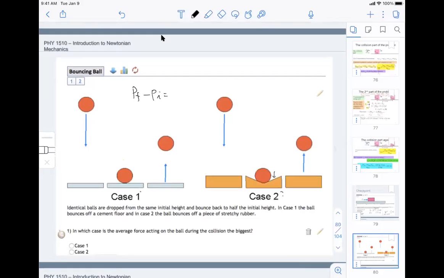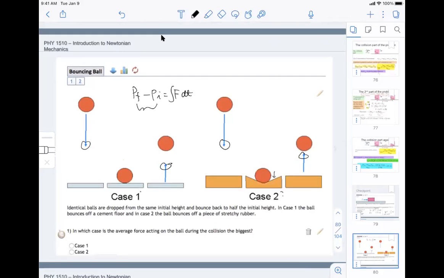Case 1. Case 1 is bigger, and why is that? Because the ball is bouncing straight back. The cement floor is absorbing all the momentum. Right, case 1 with the cement is like you can say there's no give, right? It's like what we say, no crumple zone for a car. So you have the ball bouncing back with exactly the same momentum, right? And same momentum initial.